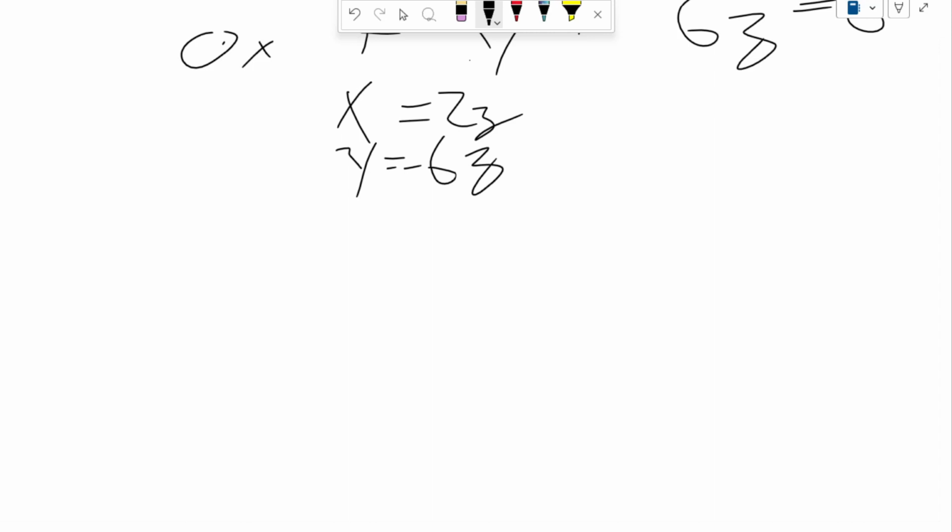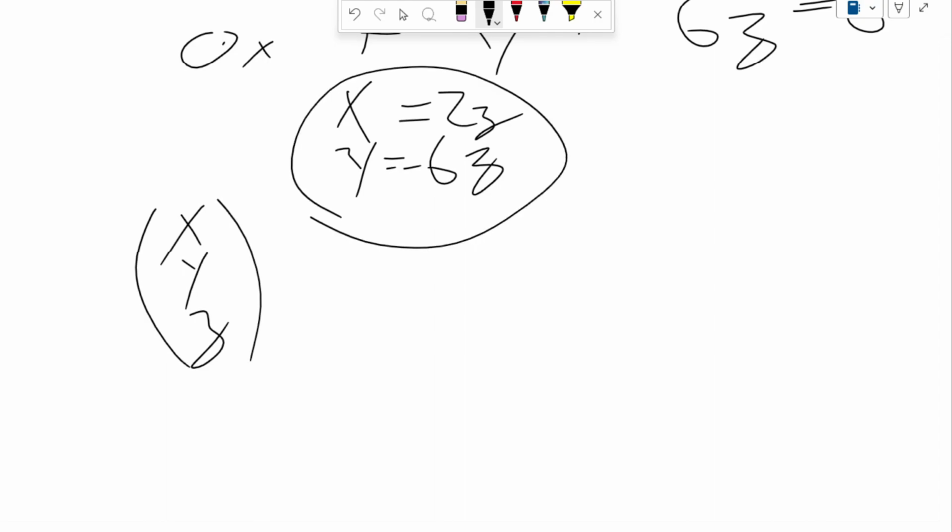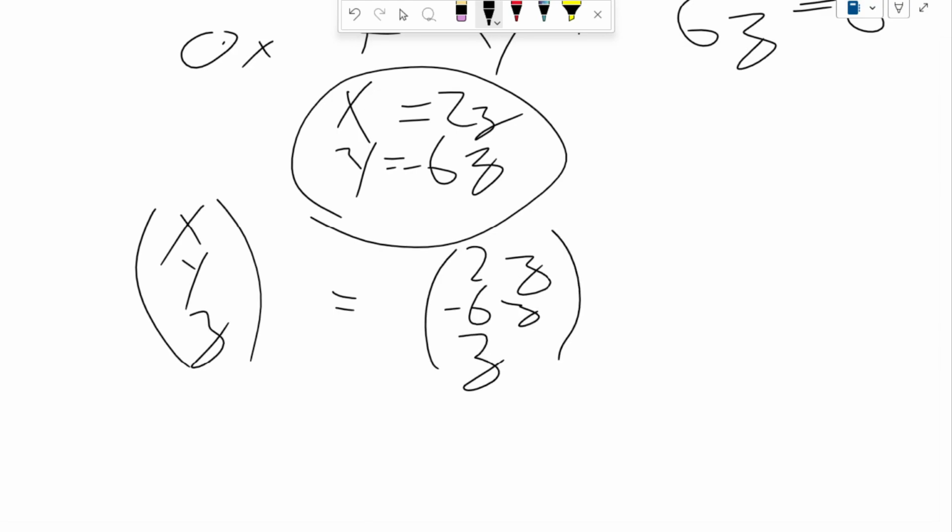So our original vector looked like this. But now we have basically solved for the first two variables in terms of the third. So this whole thing is just equal to 2z, minus 6z, and then just z.